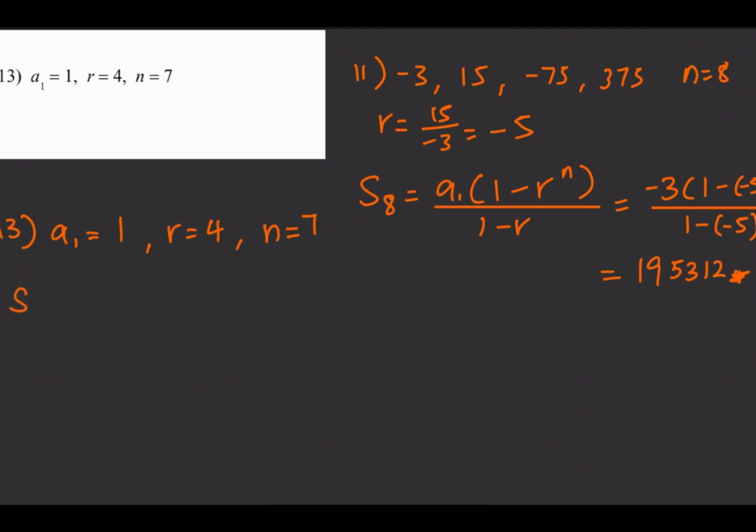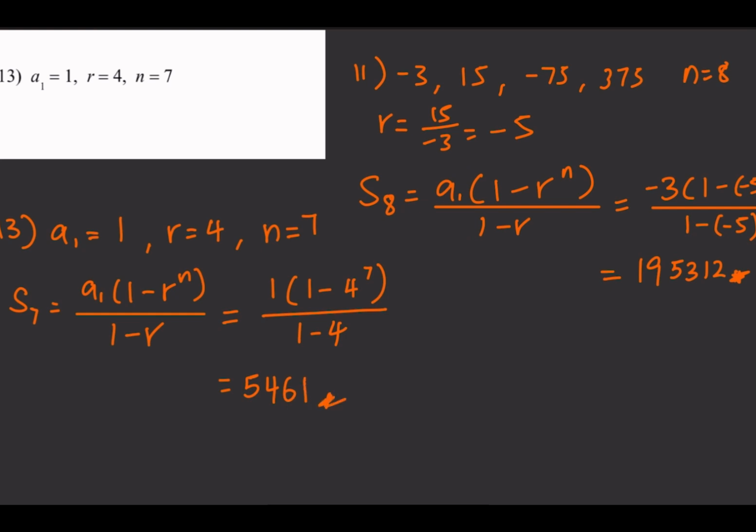Back to the formula, the sum of the first 7 terms equals A1 times 1 minus r to the power n, divided by 1 minus r, equals 1 minus 4 to the power 7 divided by 1 minus 4, and you will get 5461, and that is your final answer.